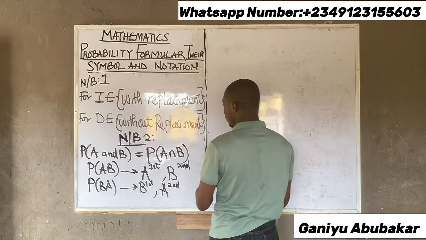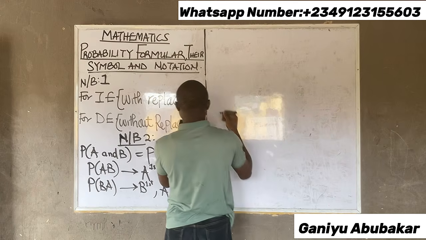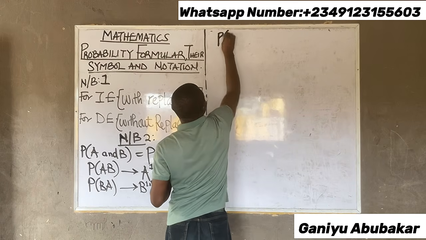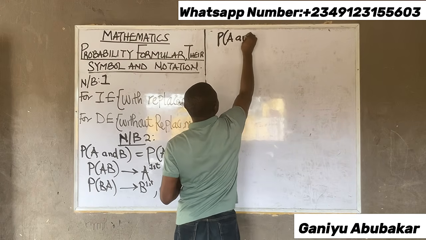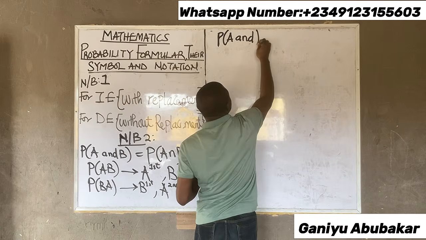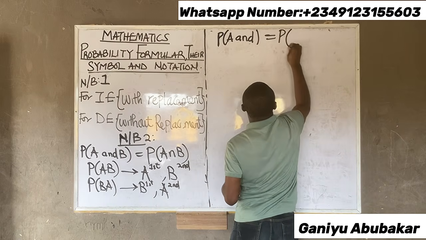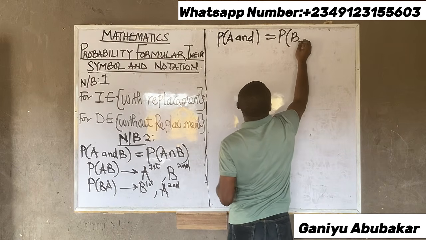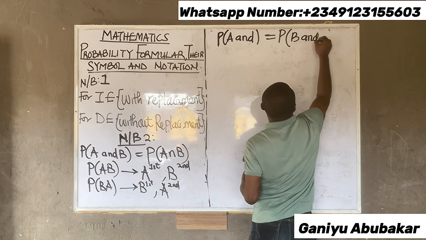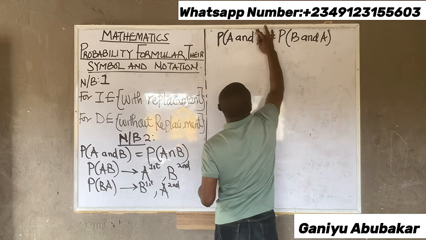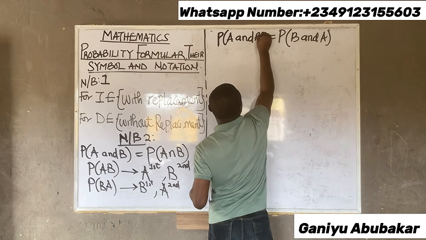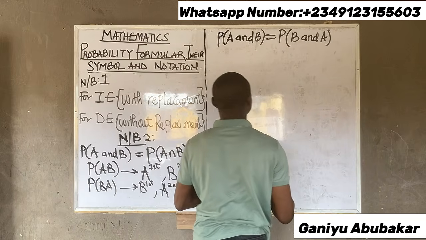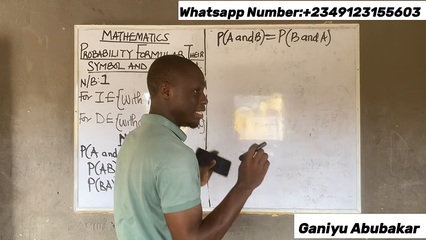So watch this, please. I'm saying that the probability of A and B is the same thing as the probability of B and A. They are the same thing.